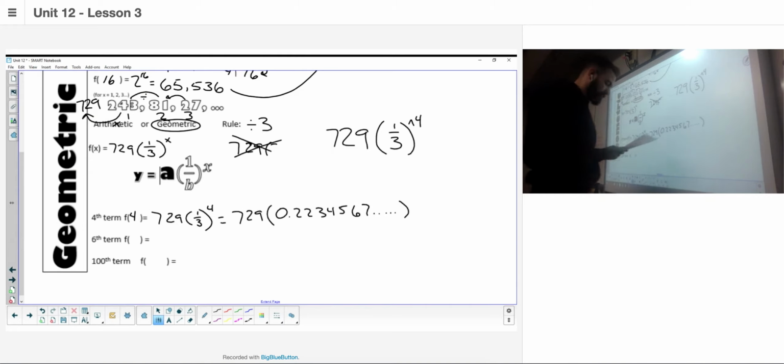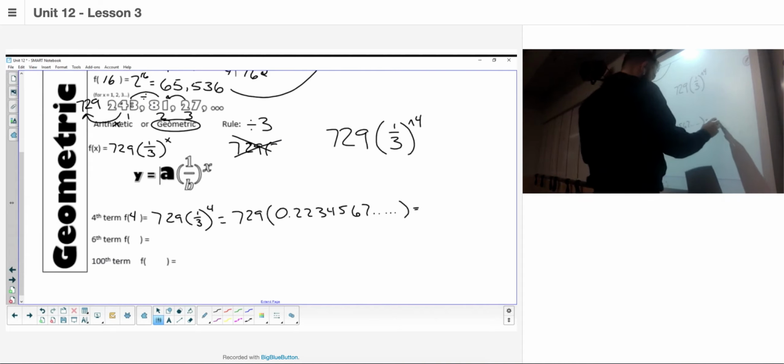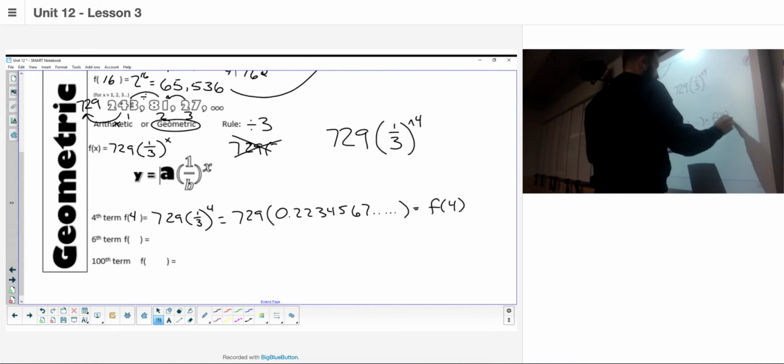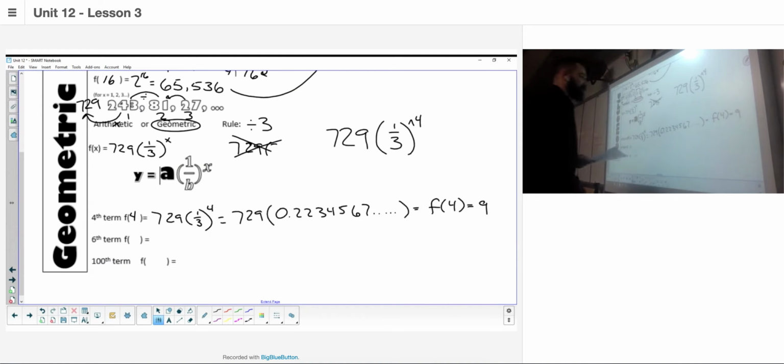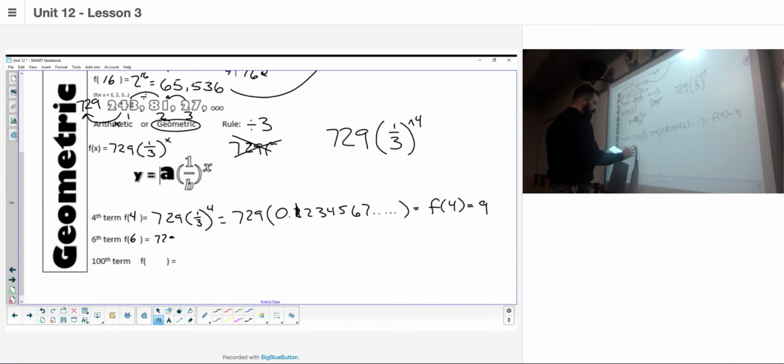And if I do that, I'm going to get f of 4 equals 9. And these are great calculator questions. Okay, please use your calculator as much as possible for some of these. Sixth term, f of 6. 729 times 1 over 3 to the 6th power.